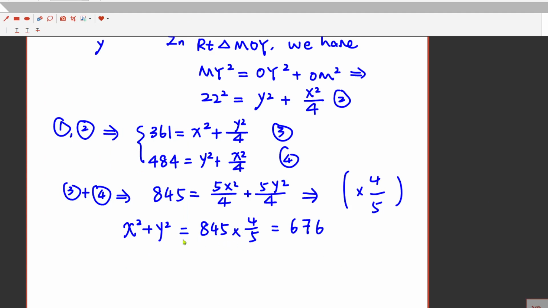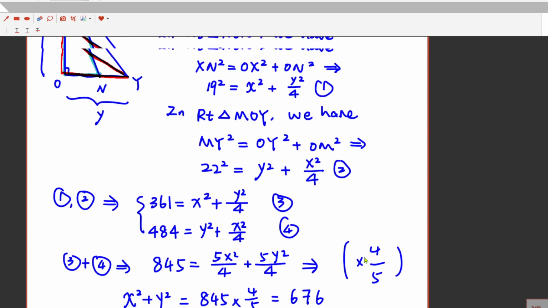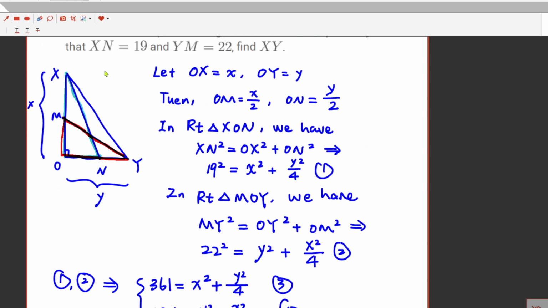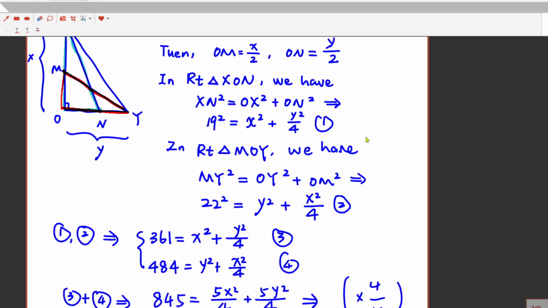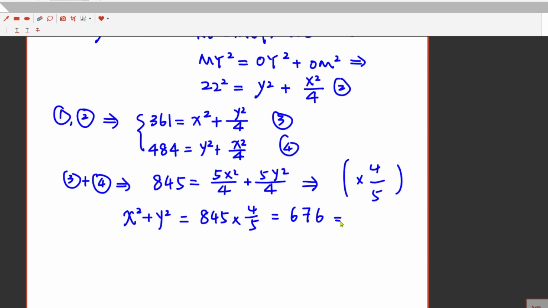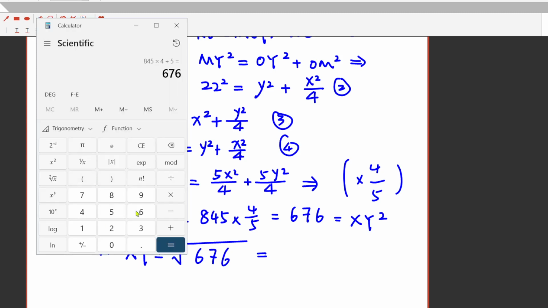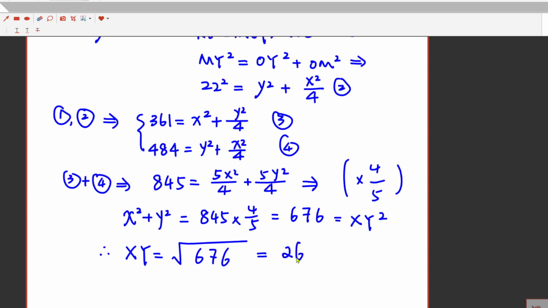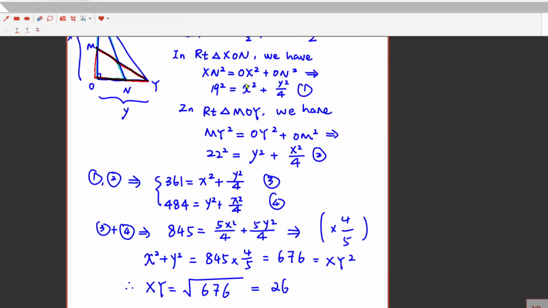Okay, so if you know x squared plus y squared is 676, then according to the Pythagorean theorem, you know XY squared, right? So this equals XY squared. Therefore, we know XY should be the positive square root of 676. And that's actually a perfect square number. And this gives us 26, right? So the length of XY equals 26.